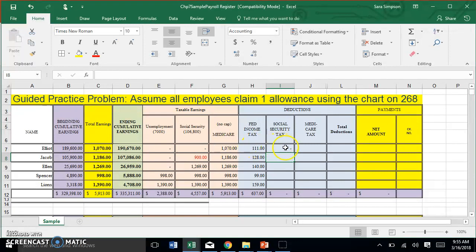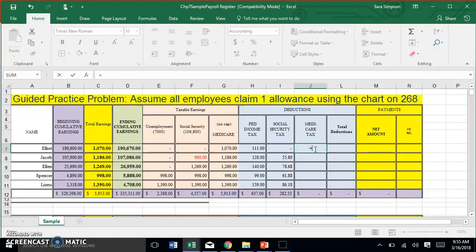So nothing times 6.2% is nothing, but when we drag these down, this one took 6.2% of the 900. This one took 6.2% of the 1269, and so forth. The biggest error students make is they try to multiply it by the total earnings, and that is wrong. The whole purpose of the orange column is to show us what we need to multiply.